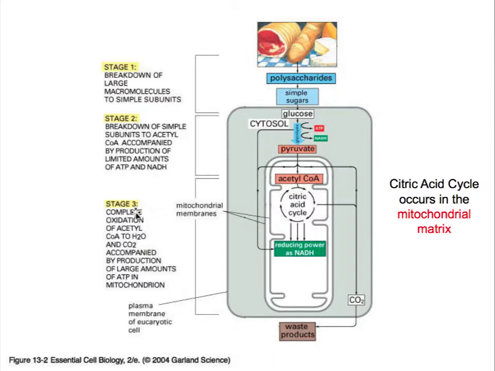And that's stage 3. So stage 3 occurs in the matrix of the mitochondria, because that's where the enzymes are that can actually handle acetyl-CoA, the first chemical in the citric acid cycle, and then use that substance to break down further to release carbon dioxide and water.